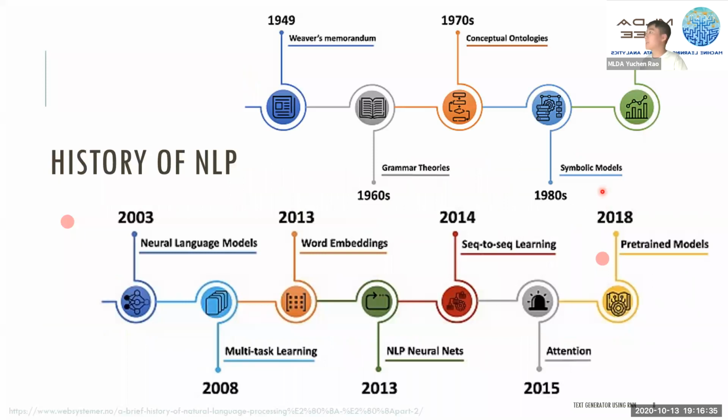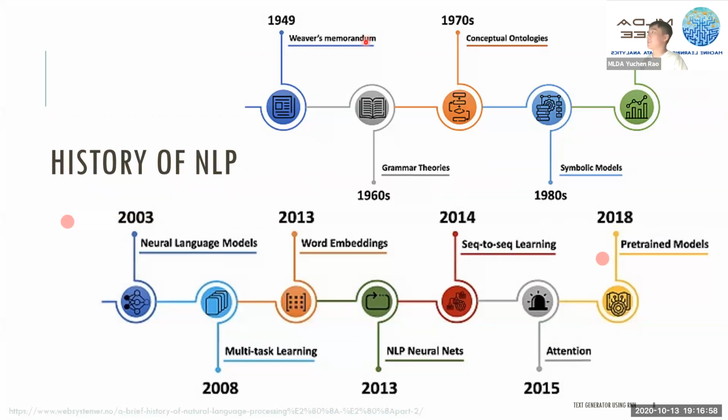Here is basically a history of NLP. NLP actually started after World War II. It originated from machine translation, and at that time scientists wanted to find a way to make machine translation cheaper than human translation.